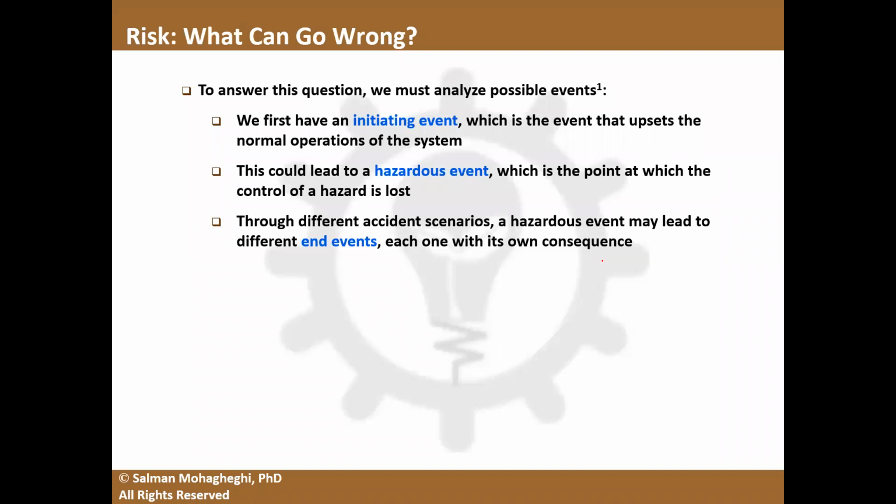This end event is going to have certain consequences. So the first thing that you have to do when you want to do risk analysis is you have to look at all the hazards that are threatening your system, look at all the initiating events that could turn those hazards into hazardous events, and then consider different accident scenarios that would lead to end consequences.